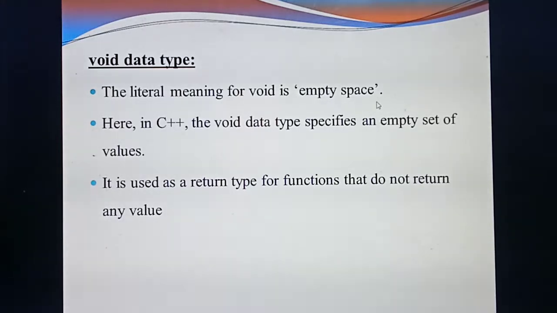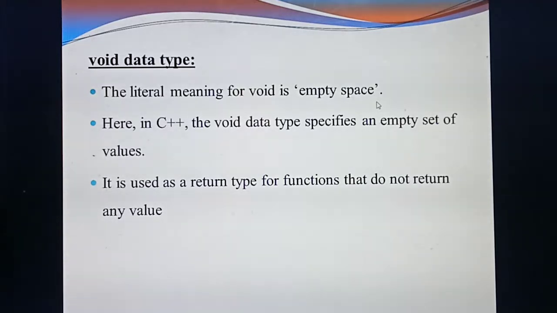If you use the void data type in the program, you are going to assign an empty set of values. You are only declaring the variable, but you are not assigning any values to it. What's the use of the void data type? It means empty space, that means null values. Only an empty set of values it will take.